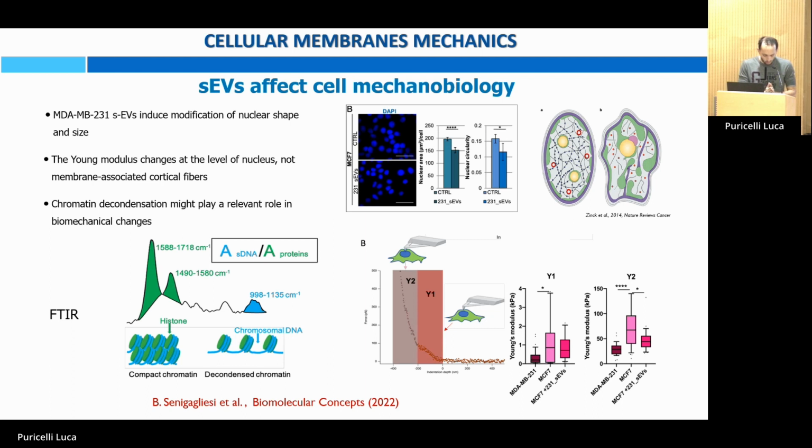And what they observed is that this was inducing a mechanical change mainly in the deeper part of the cells, the part related more to the nucleus of the cells, and this was further proved by another technique, which told us that we have a kind of decondensation of chromatin inside the nucleus, and this explains the change in shape of the nuclei, and also a decrease in the stiffness of the nuclear part of the cells.